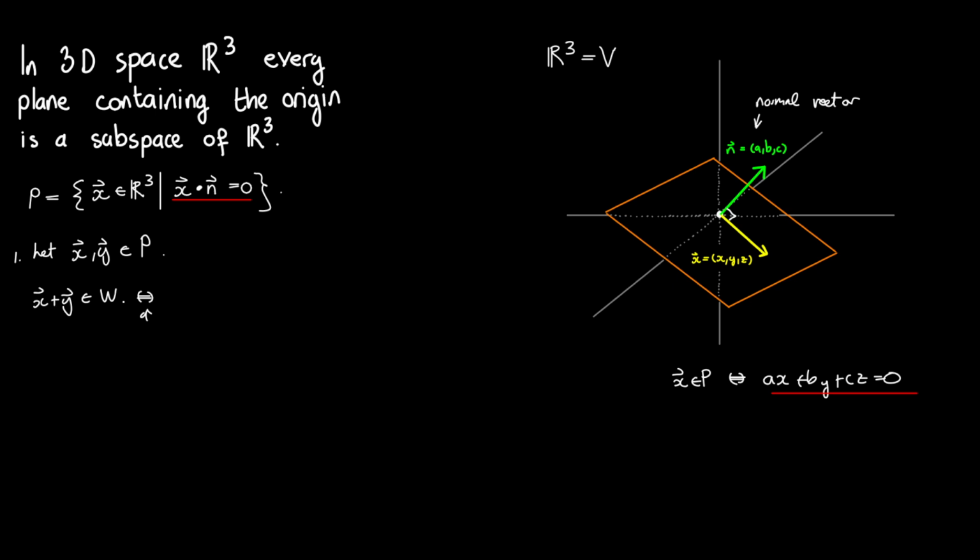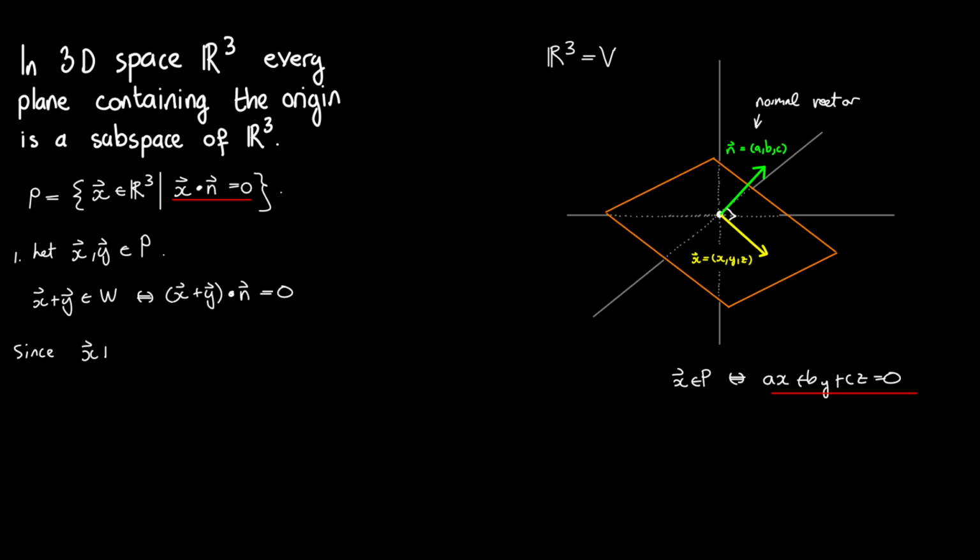It means to say this is identical to what I'm going to write here. And this is the same thing as saying that if I take x plus y and I dot it with our normal vector, I should get 0. So if I can show that this is true, then I have shown that my vector x plus y is in P.